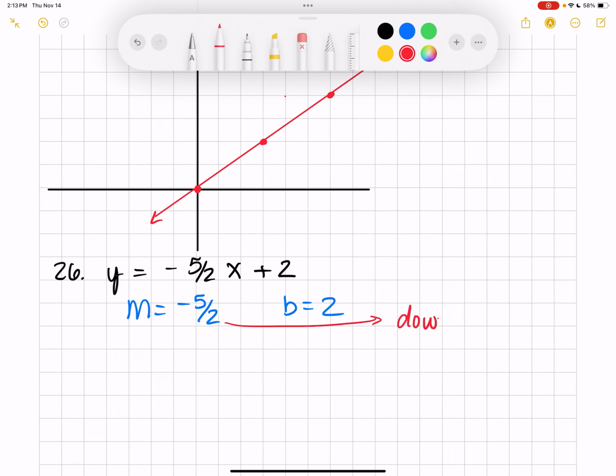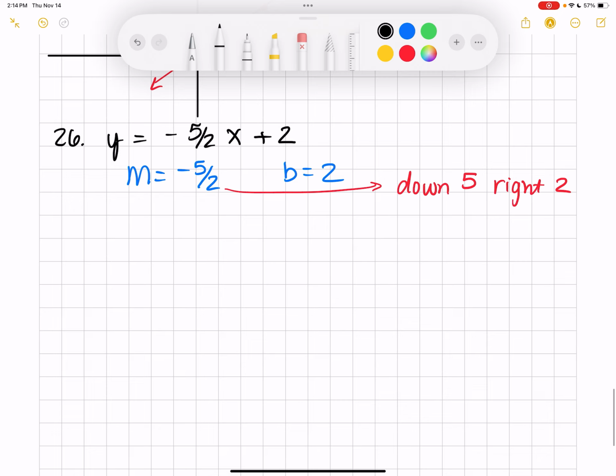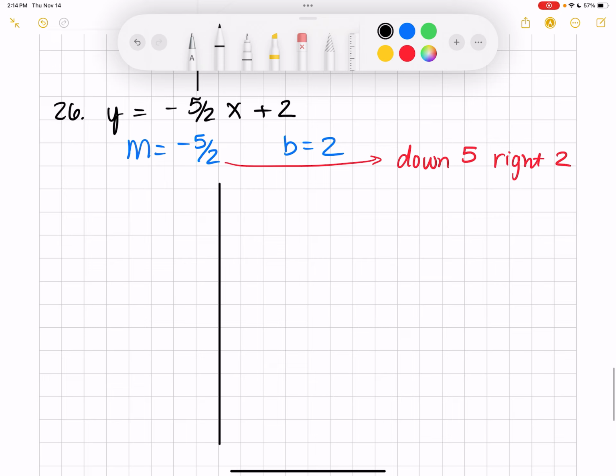Down how many? Down 5. And then across 2, right 2, because that's going to give me a negative slope. So negative tells me I need to go down. This is why I said it's important to just leave things as fractions, because otherwise it gets confusing.